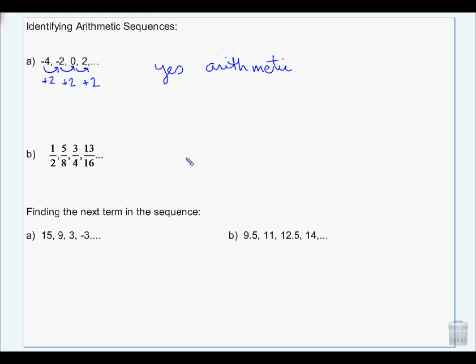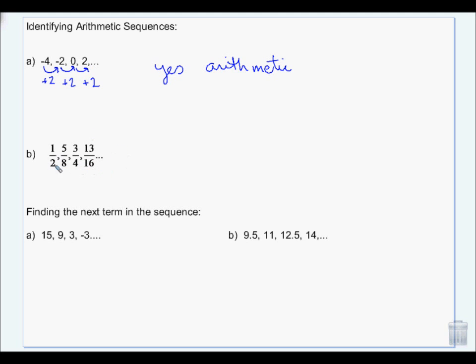Okay. Now this one. Here, in order to figure this out, first of all, I'm going to have to come up with my common denominator because I can't add fractions without a common denominator. So my common denominator in all these is going to be 16. So I'm going to turn them all to 16ths first.